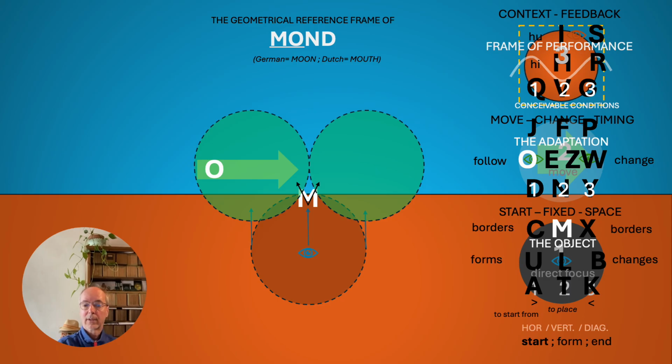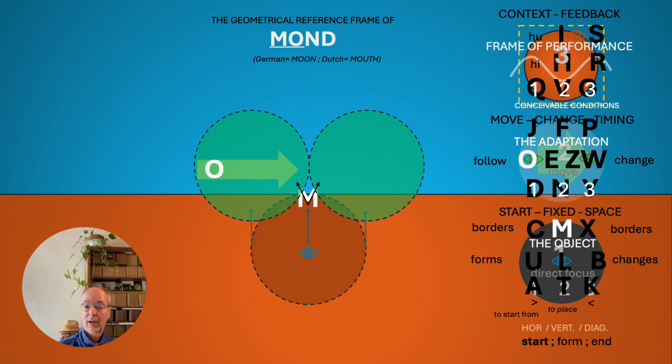The letter O is from the second category. All these letters from the second category are about timing, so they need the 2 frames, so 2 times 3 dimensions, in which you are here in the second dimension, in the area where you start, the starting point of the area of changes, where you follow up the changes.